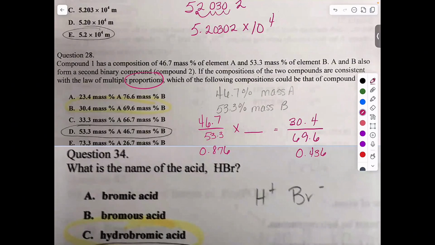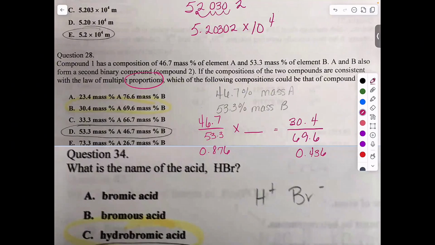And I know if we take that original ratio and divide it by 2, we get 0.438. These are not exact. If you go through A, C, D, and E, there's clearly no whole number ratio to toggle between the original versus the new, the list of A through E.